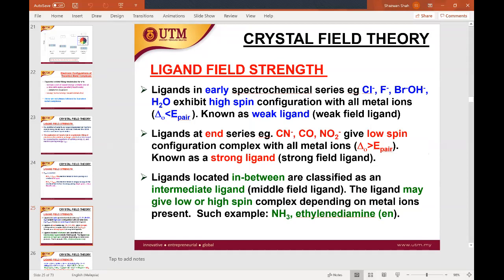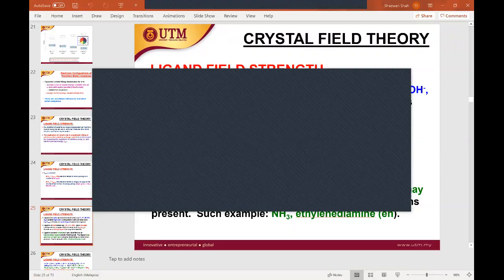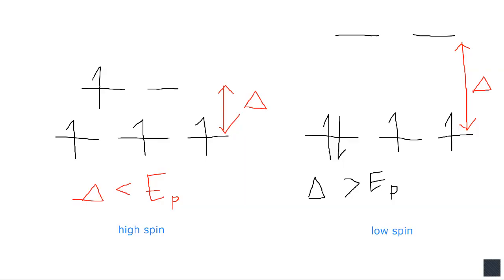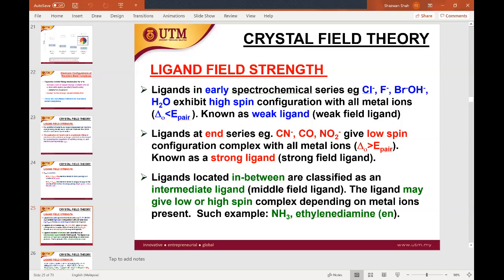So what does it mean by high spin configuration? High spin means low or small splitting energy. This is known as weak ligand.